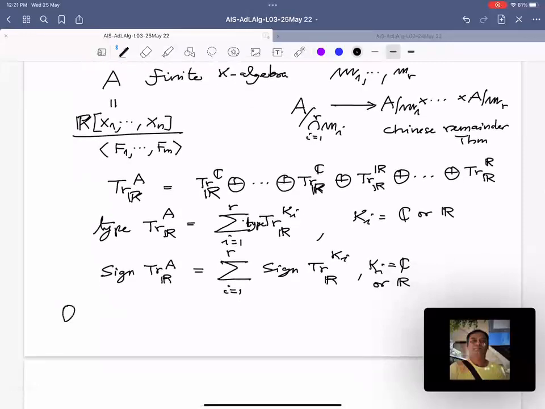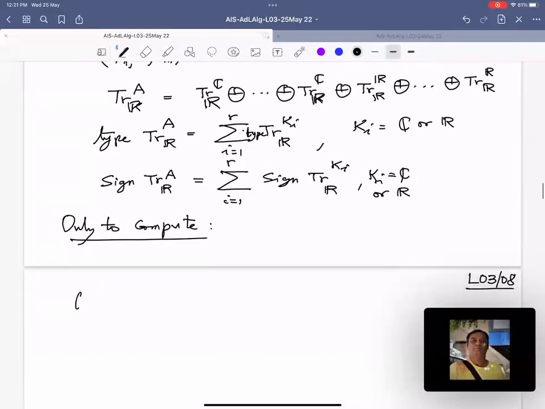only to compute two things. One, what is the signature of the trace form of R over R, and second, the signature of the trace form of C over R. If you know this, then we can compute the trace form.